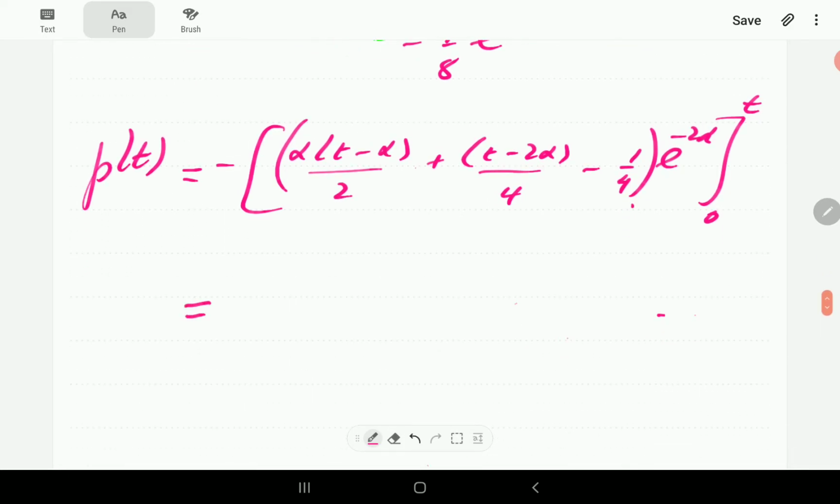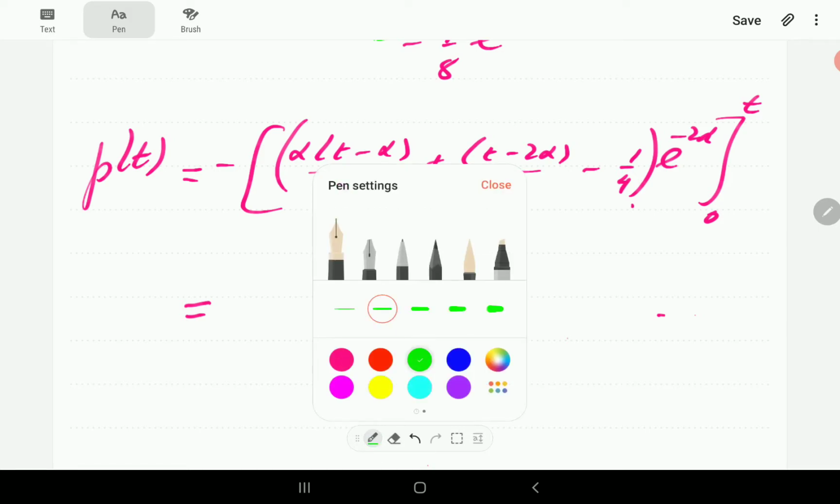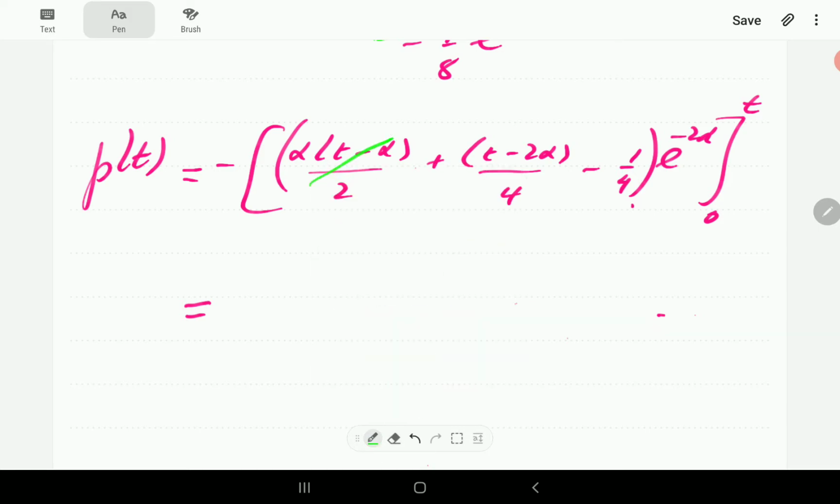Now, if you plug in alpha equal to t, this term is going to be 0, because you're going to have t minus t there.